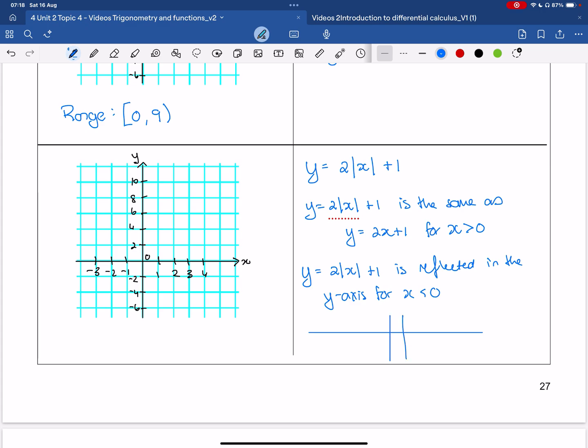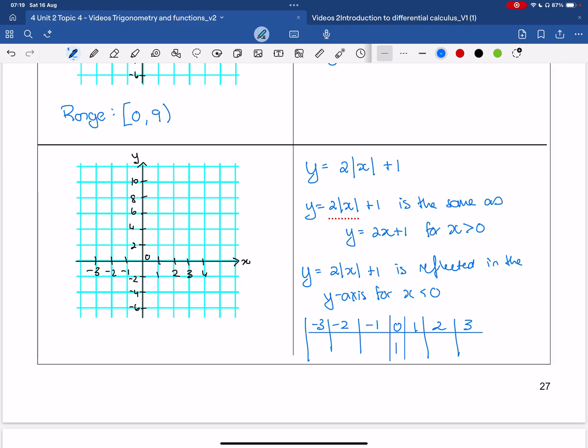So if I've got 0 over there and 1, 2, and 3 over there, if I'm taking my absolute value of x, okay, let's have our -1, -2, and -3. If I'm taking the absolute value of x every time, my y is the 2 times 0 plus 1.